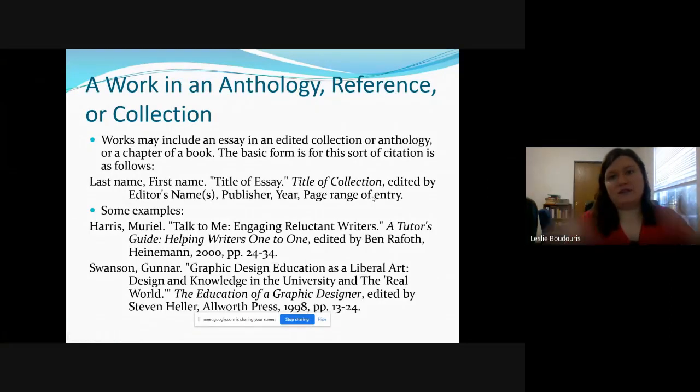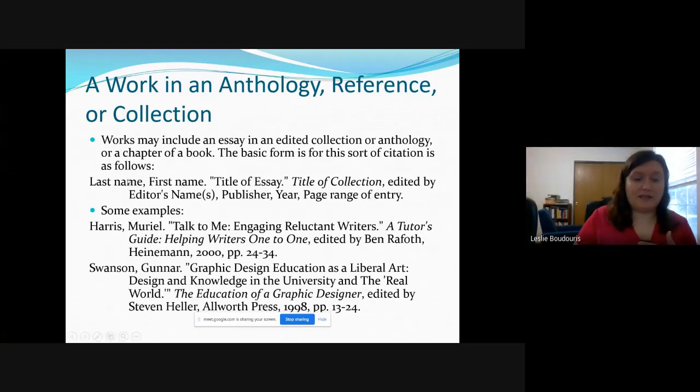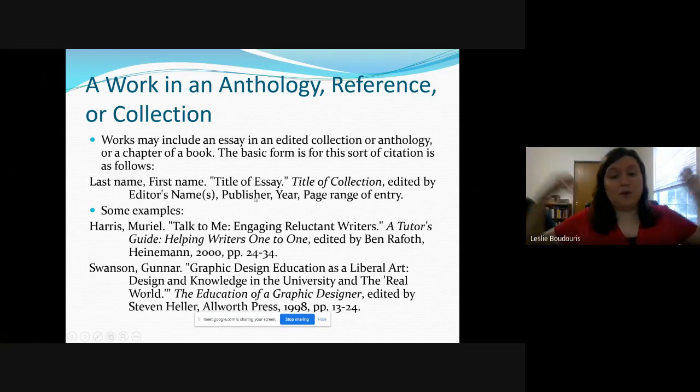So Bennett Singer is different from Kevin Jennings. But for the textbook, you're not going to have an editor. Okay. But you would have the names of the author or authors, the title of the chapter or essay in quotation marks, the title of the book in italics. And then you're always going to have a publisher. So that would be the company that put it out into the world.